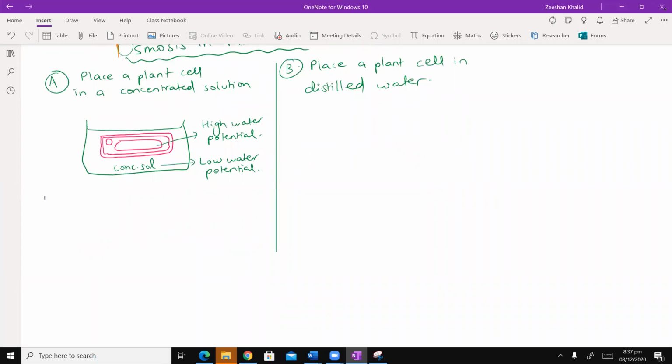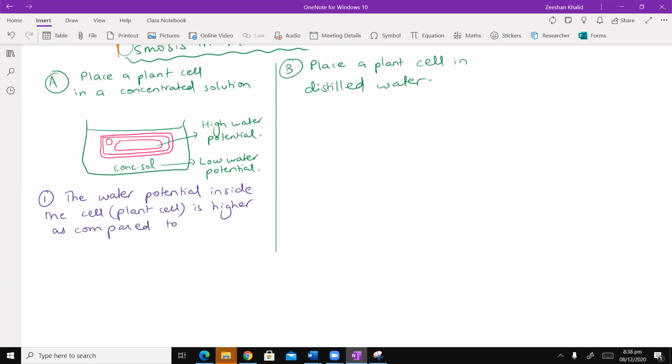So the first thing that we will write is point number 1: the water potential inside the plant cell is higher as compared to the concentrated solution.